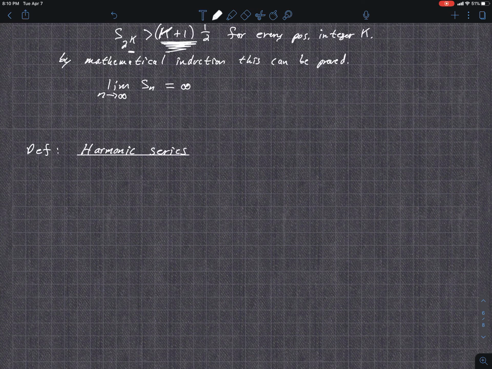So the definition: the harmonic series is that, 1 plus a half plus etc., which is 1 over n, right? And you can write that as the sum, and that diverges.